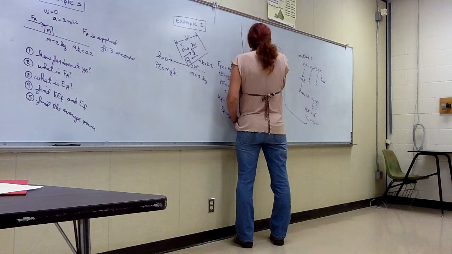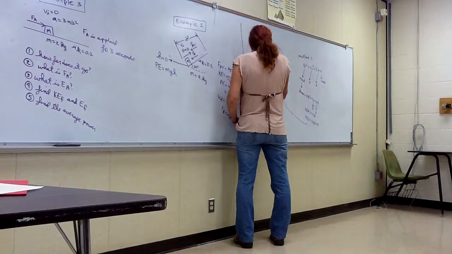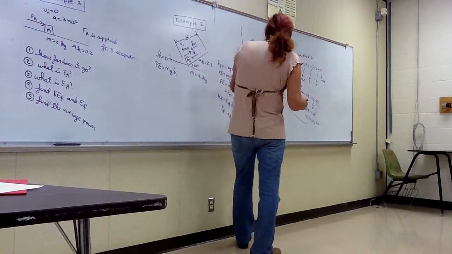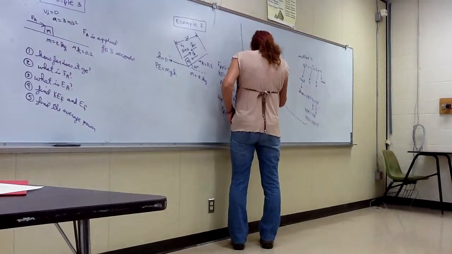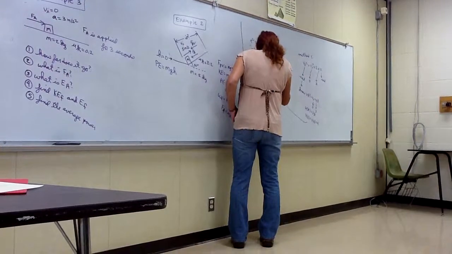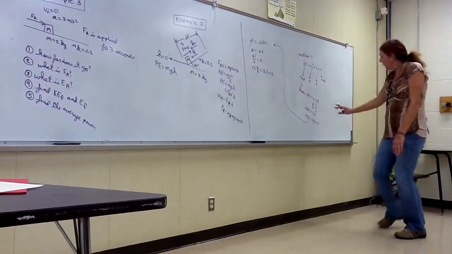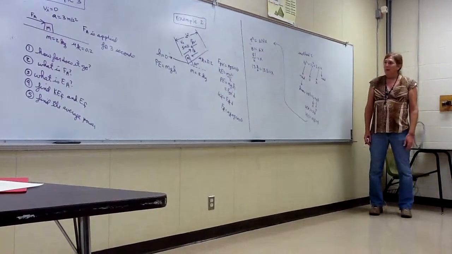So we have 81 on this side, and we have 6x. So we should have 81 over 6 is equal to x. 6 times 13 is 78, and that leaves 3 extra. So we have 13 and 3/6, or 13.5. And we get the same number, but we had to go through a few extra steps to get there. How do you know which way is faster to go?